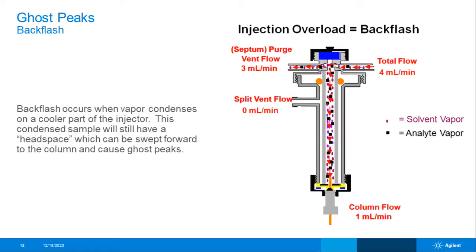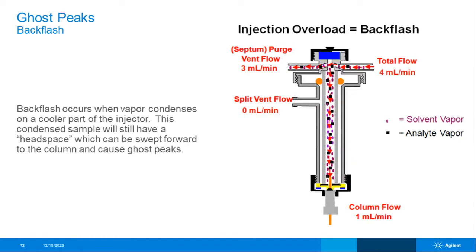And so we get this backflash of contamination that lives in the septum purge line, your carrier gas line, the split vent line. And again, once it's in there, into these cooler spots, it's stuck there and really is hard to get out. So we have to make sure that we're doing our due diligence when we're doing any GC injection, that we are keeping the contents of our injection within the liner volume itself.